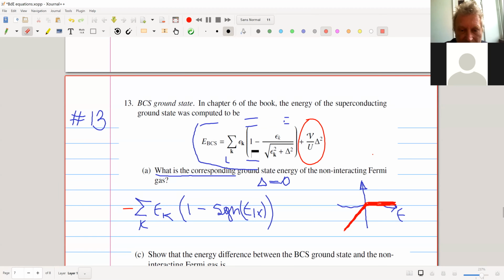And there's also delta here. So if I replot this expression, that's what I get.